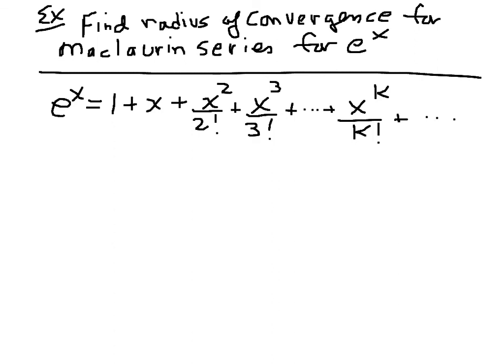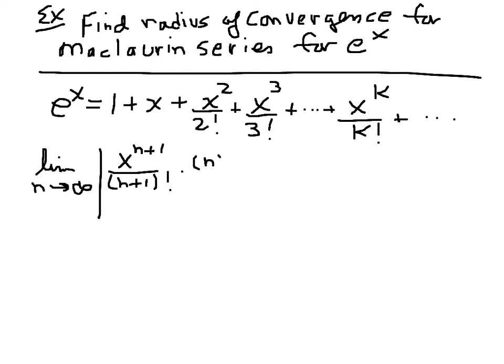So we have to look at the limit as n goes to infinity of the n plus first term, which is x to the n plus 1 over (n plus 1) factorial, divided by the nth term, and I can kind of simplify this, you should be able to figure it out, n factorial over x to the n.